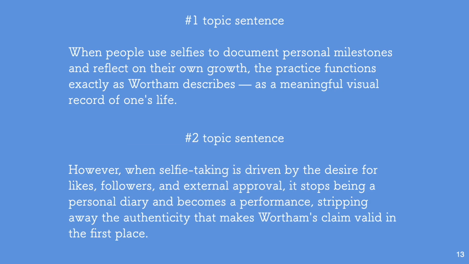Now you are showing where the claim breaks down. Maybe you bring in how social media turns selfies into a competition, how people stage photos instead of actually living in the moment, how the goal shifts from I was here to look at me. Now Wortham's claim has limits. That is how you stop leaving the sophistication point on the table for the argument essay.